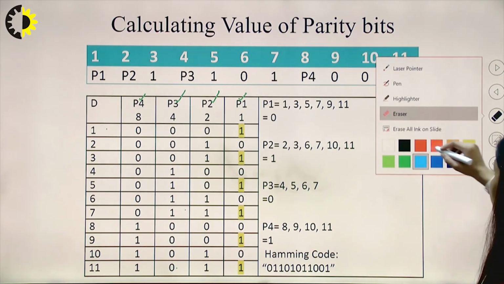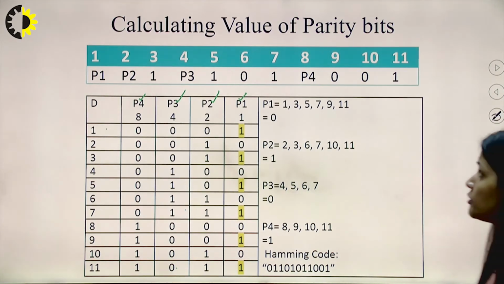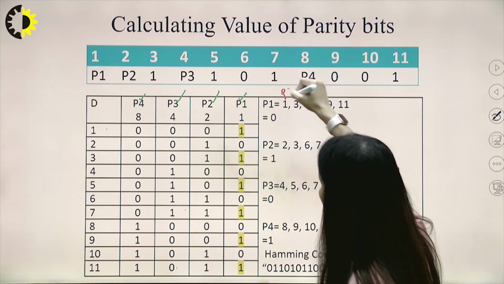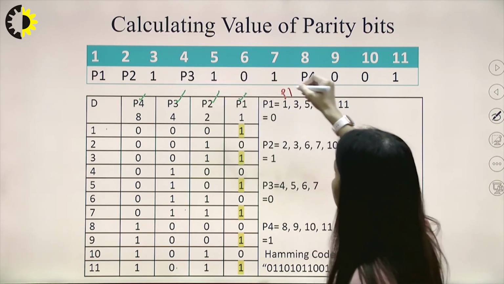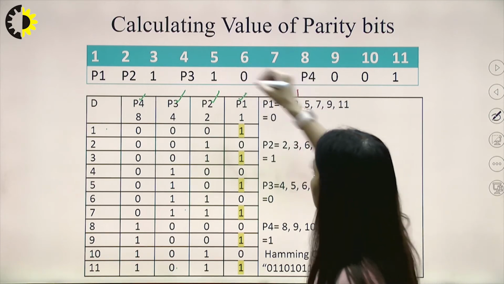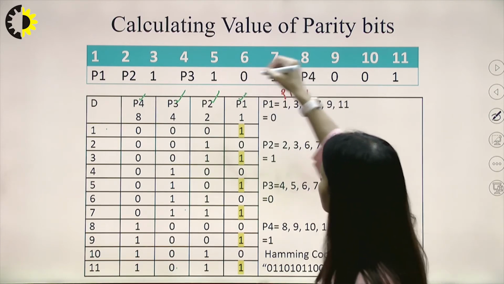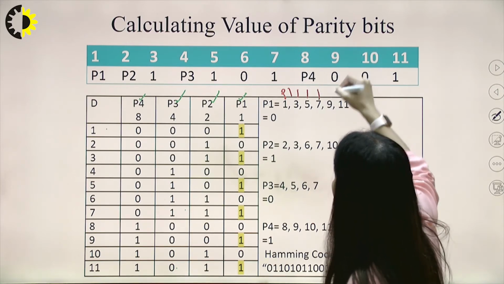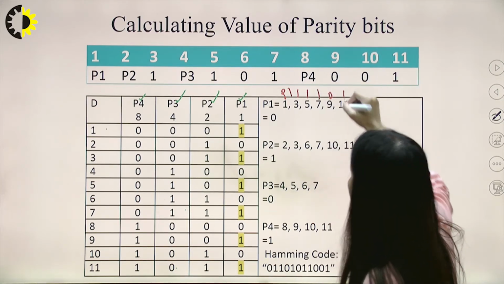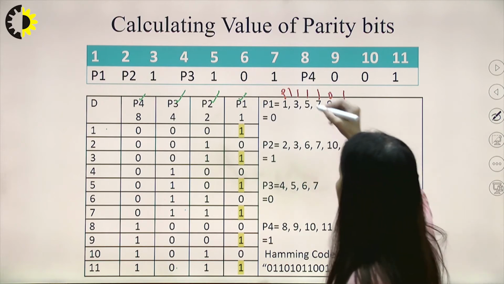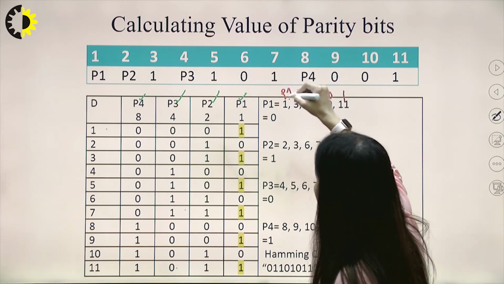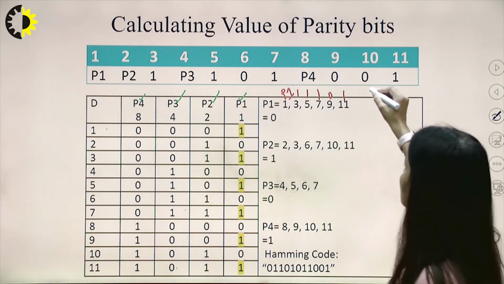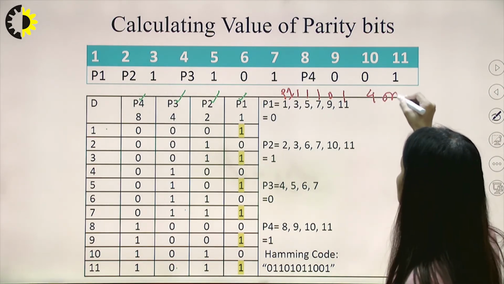Next point is I will write all the values, like at 1, what is 1? P1. 3 I will see from here, 1, 5 again 1, 7 is 1, 9 is 0, 11 is 1. So I have got 4 ones.